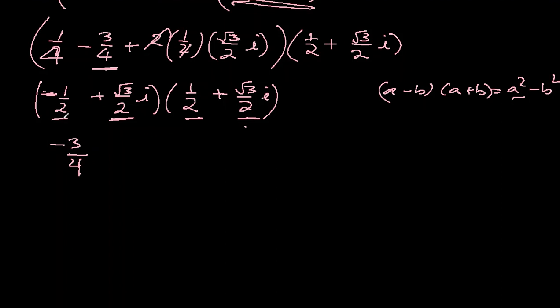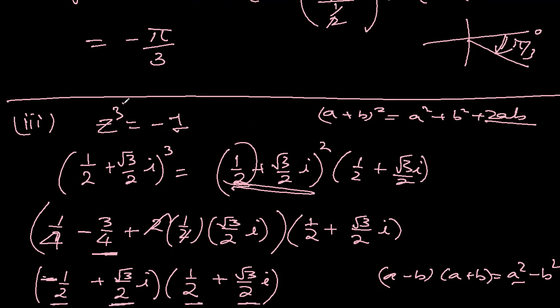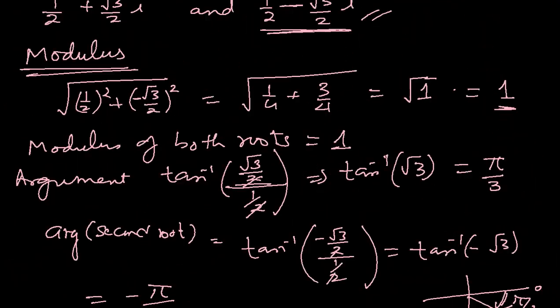And then minus half squared, which will be 1/4. Minus 3/4 minus 1/4, which is minus 1. And that's what they were trying to tell us: show that z cubed is minus 1. I just did it for one root, and they're saying both roots.